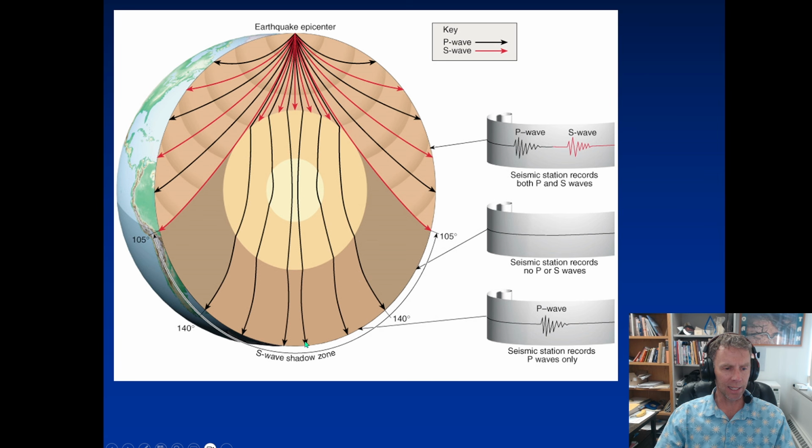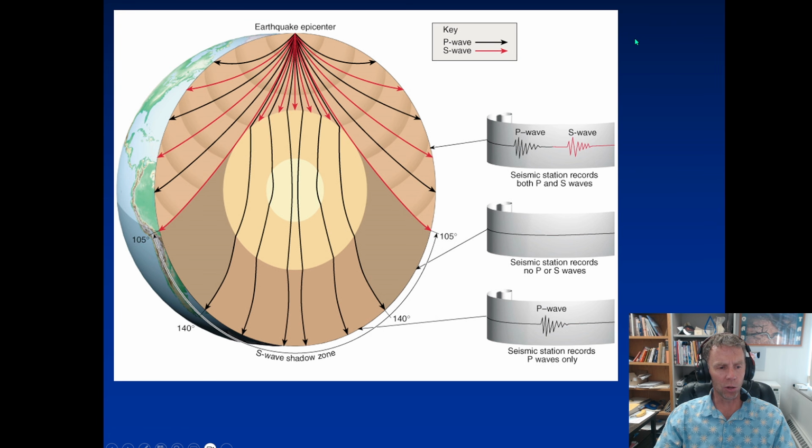They aren't detected anywhere on the opposite side of the planet. There's actually a shadow zone where the S waves are not detected. And so it's by analyzing all these earthquakes that have happened on planet Earth, together with other evidence we have, that we're able to put together this interior model and this image of what the Earth's interior looks like.